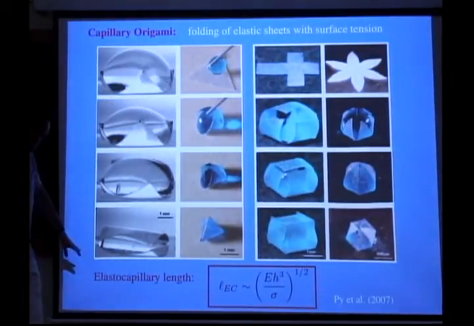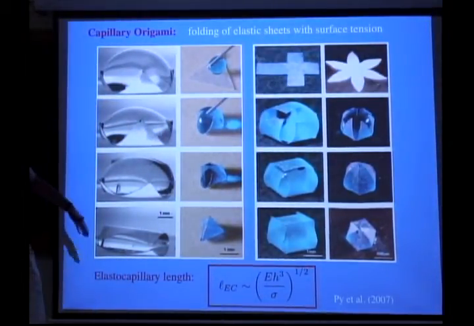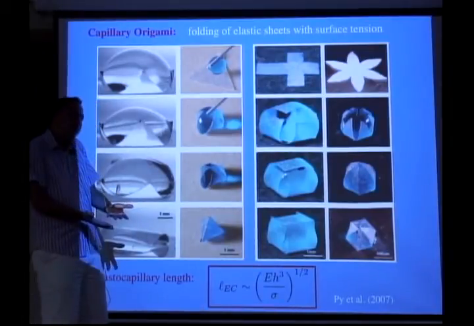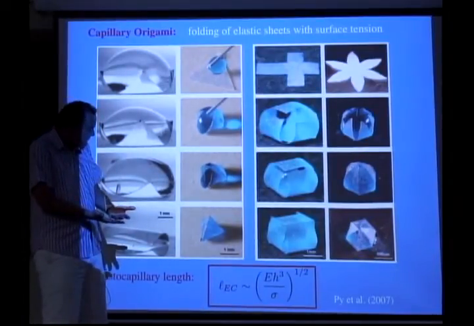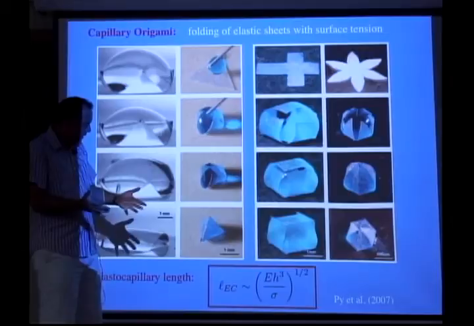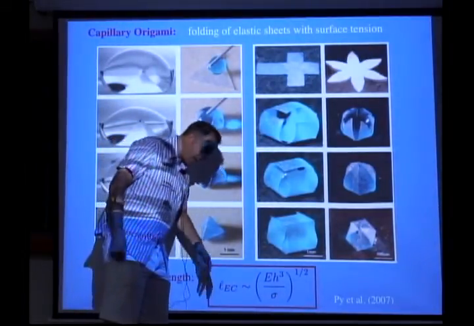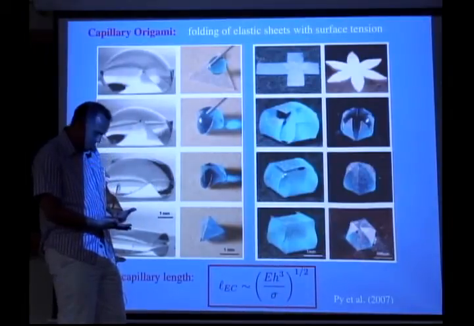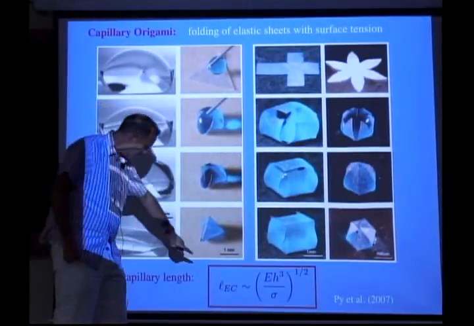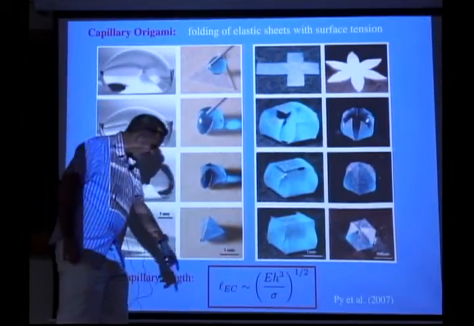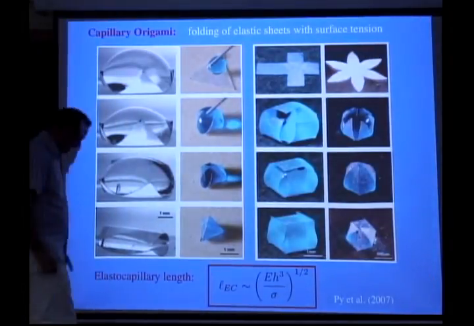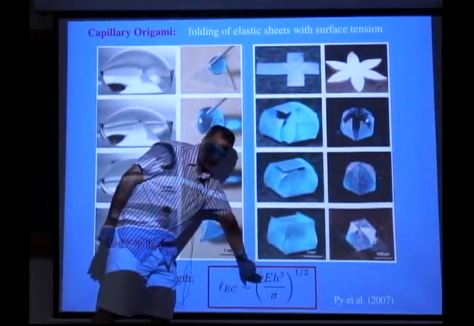But in general, in order for surface tension to overcome the elastic stresses associated with bending, we need to have a sheet which is large relative to this elastocapillary length. Okay, so H is the thickness of the sheet, E is the Young's modulus.